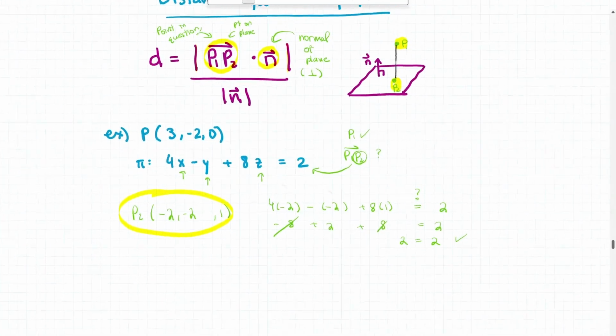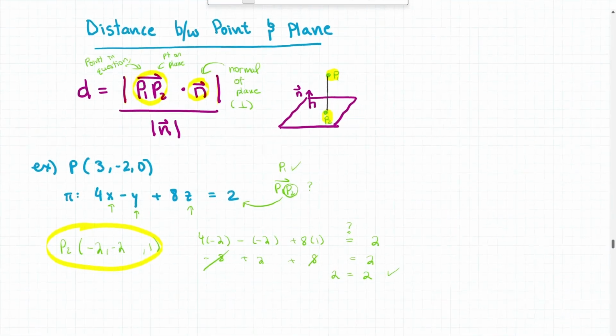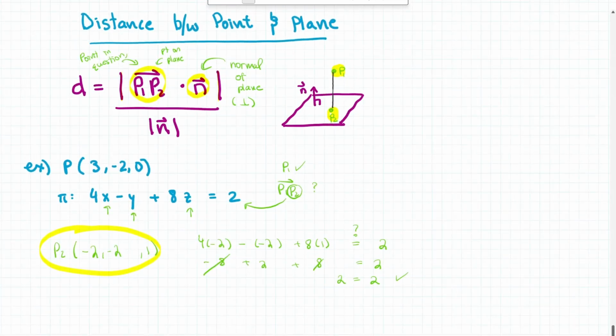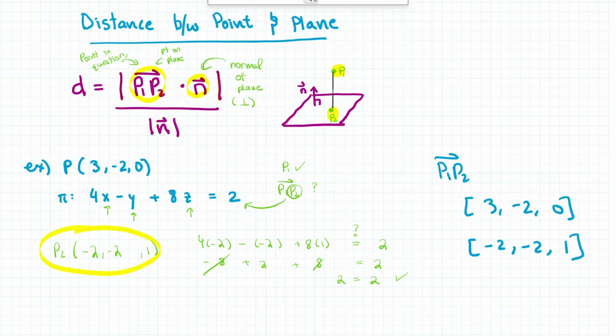Now that we have a point for P2, we just have to create our vector P1P2. We can just simply subtract them from each other. So we have P1 is (3, -2, 0), and then we have P2, which is (-2, -2, 1).